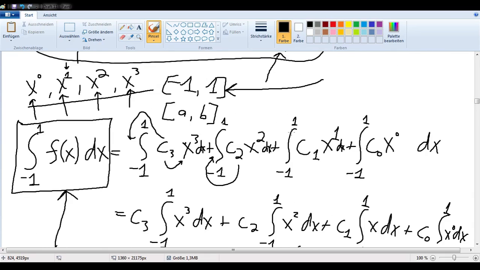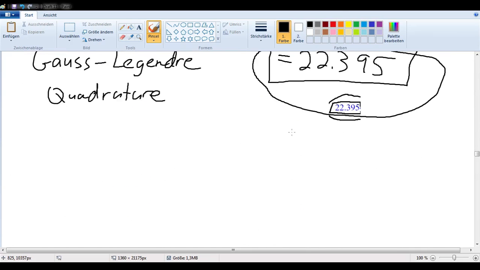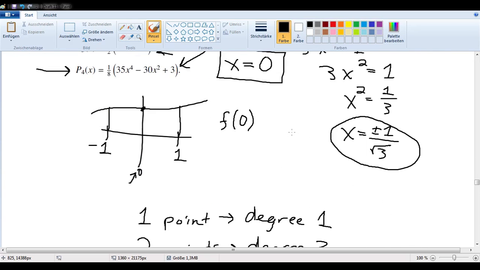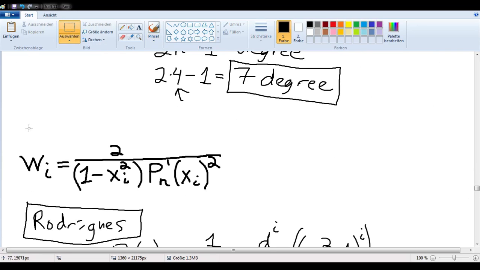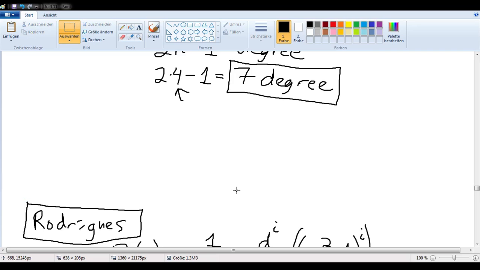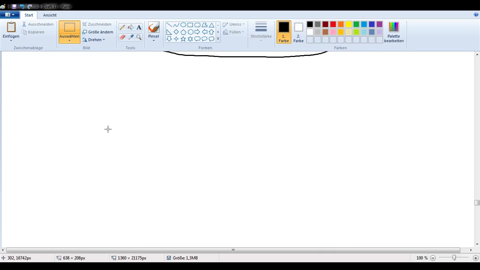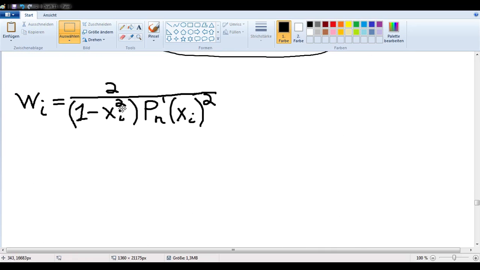So that is definitely something that you need to know, and there's also a way of figuring that out. And that is this formula here. I'm not going to prove these formulas here, just sort of give you an idea of what else is out there. So let's take a look at this formula here.